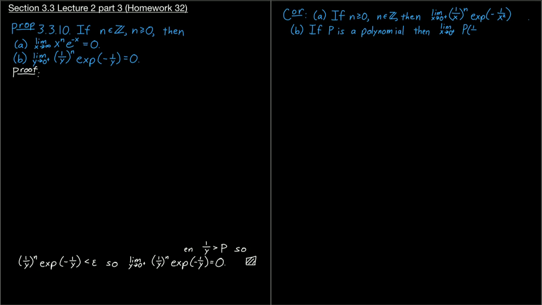We have that, so part A at least, if n equals 0, then that's just the limit as x goes to infinity of e to the minus x, which is 0 by theorem 3.3.4e.